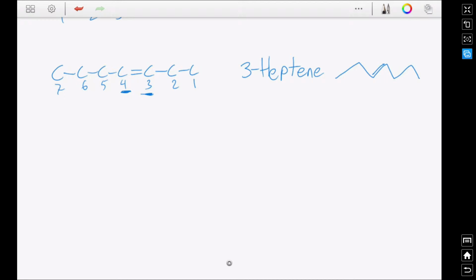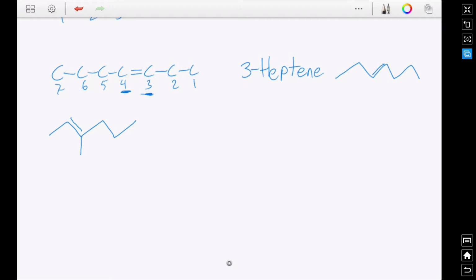Then, let's go ahead and try another large chain. Maybe we'll do one with branches. Okay, so I can show you how to do a branched alkene. Alright. So, let's do 1, 2, 3, 4, 5. I will do a double bond there, and I'll put a single chain here.